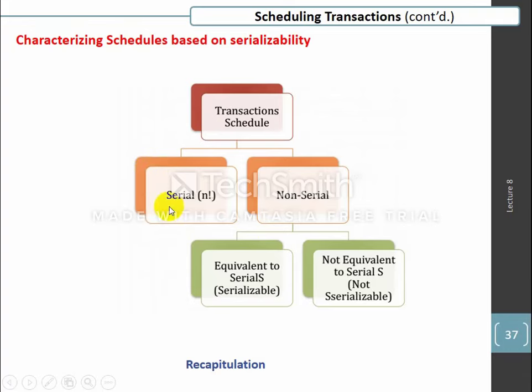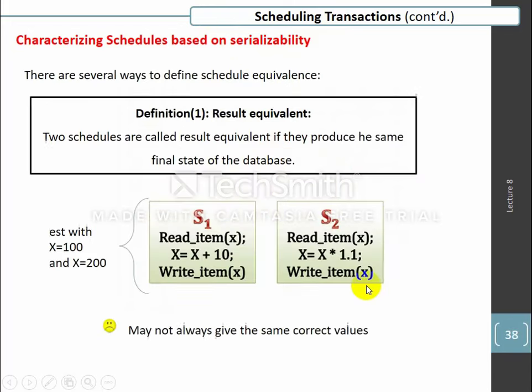If it's serial, then it's automatically serializable. But if it's not serial, then it has two conditions. First, if it is equivalent to a serial schedule, then it's serializable. And if it's not equivalent, then it's not serializable. So here we have several ways to define an equivalence.